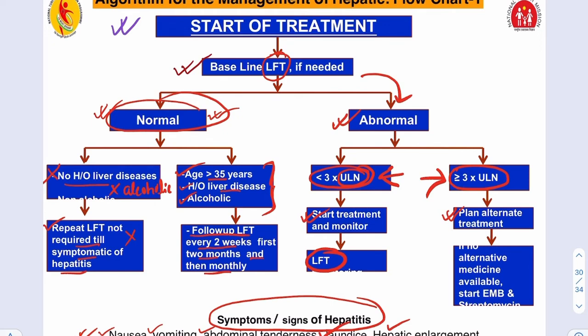If there is no alternative medicine available, then we need to start with EMB and streptomycin, that is ethambutol and streptomycin. So this is the protocol of how we prescribe the anti-tubercular regimen in a patient with abnormal LFT at baseline.